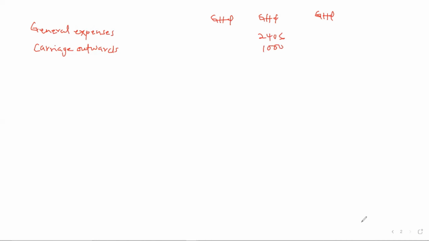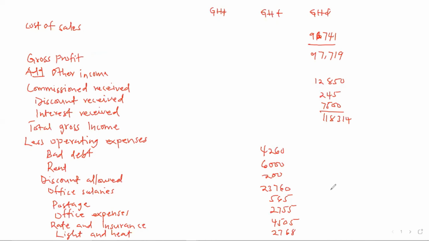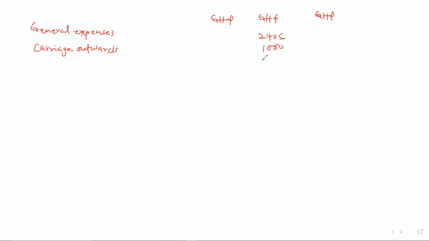When you are done, you add all your expenses, and the total that you get, you less from this total gross income. So when we add all the total expenses, we get 48,219.